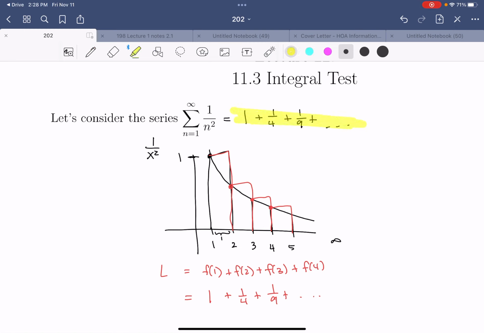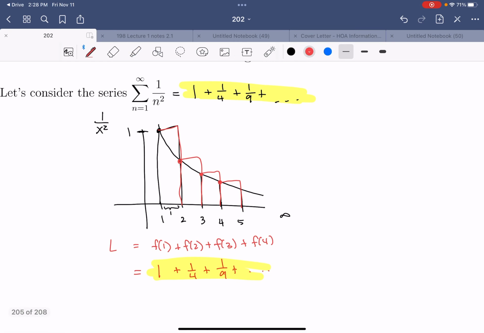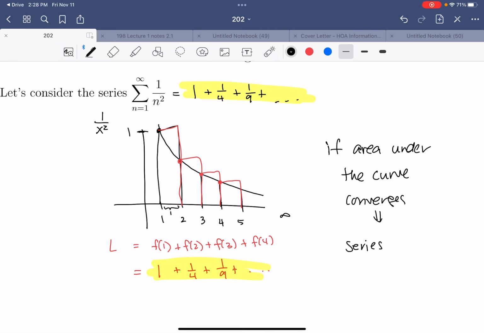The things that I'm adding up look exactly like the estimation for the area under the curve. So because these two things are equal, if the area under the curve converges, then our series converges.